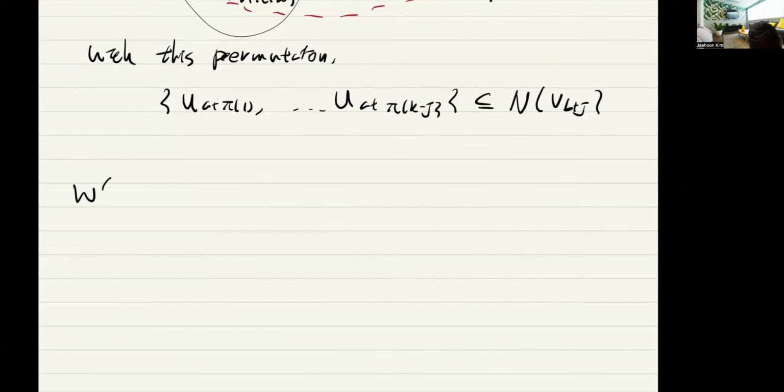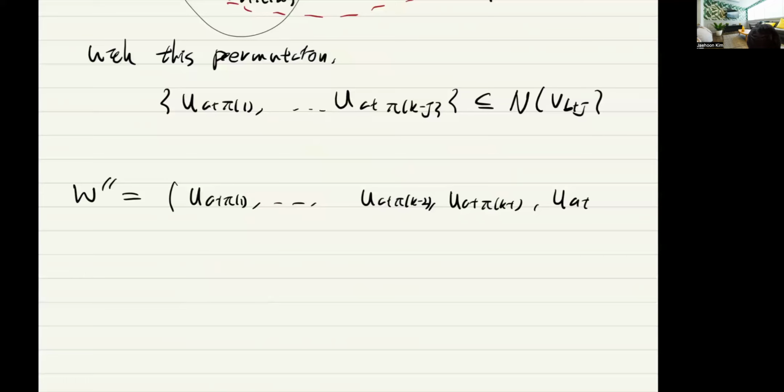Now what you do is you take, say, W double prime, which is you start from U_{A+π(1)} and U_{A+π(k-2)}, U_{A+π(k-1)}, U_{A+π(k)}, and then you repeat.